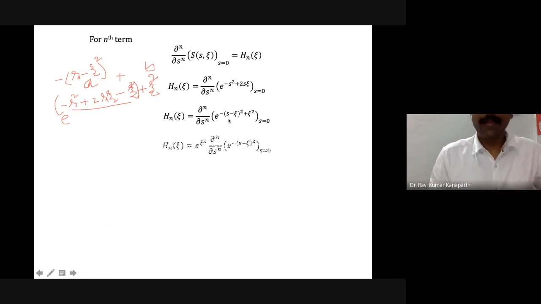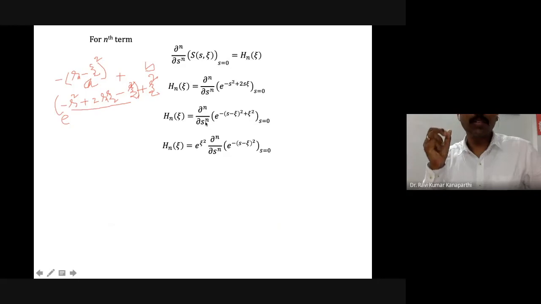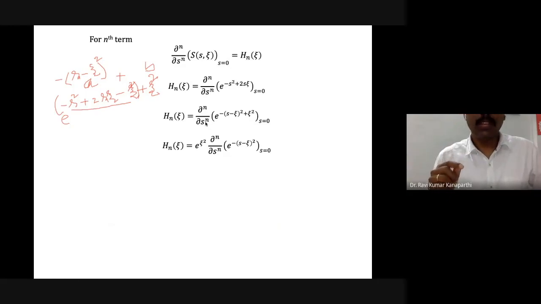Now I can do one more small trick here. Please remember that we are only taking the derivative with regard to s. Therefore, e to the power z square has only z. There is no s.